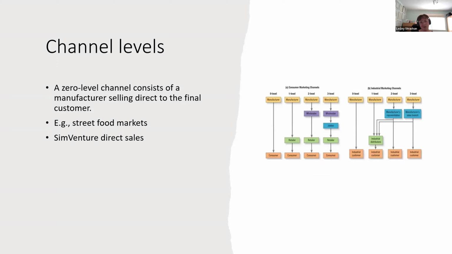Some examples of this could be street food markets on a Sunday morning, or SimVenture direct sales, so food markets in parks, outdoor events. Apple, for example, sell direct in terms of computers, iPods, iPads, and other consumer electronics through its own retail outlets. Politicians will use blogs, podcasts, and social media to deliver content direct to voters.